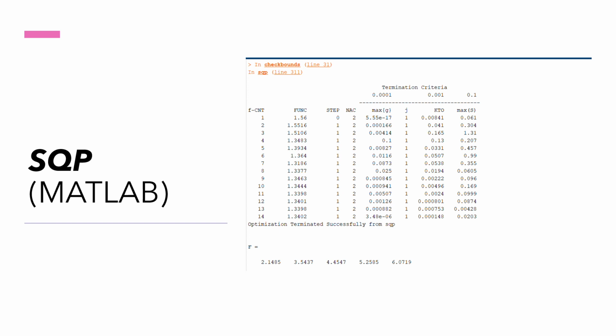For example, I replaced the values that I had from the sequential quadratic programming, and it gave me a result that doesn't fit completely with the constraint. It surpassed the constraint a little bit, but the surpassing was really small.